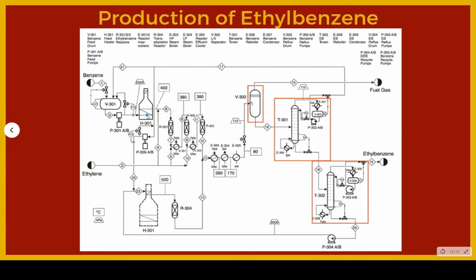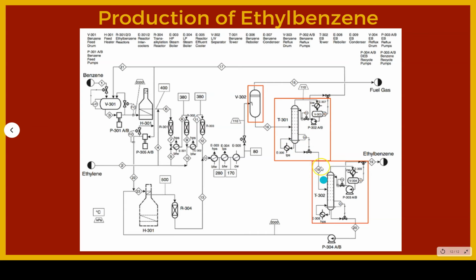This is your PFD. As you can see, there are distillation columns and so on. For example, this is unit V302. It is a liquid vapor separator. This is unit T301, the benzene tower, to separate the benzene.